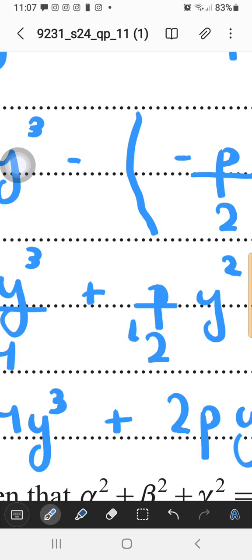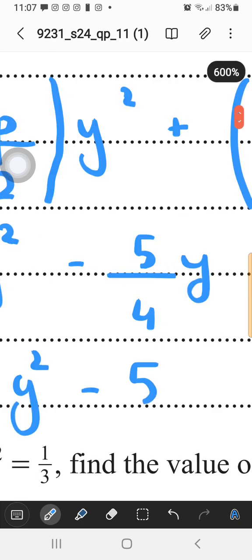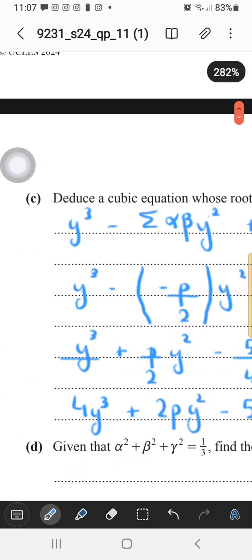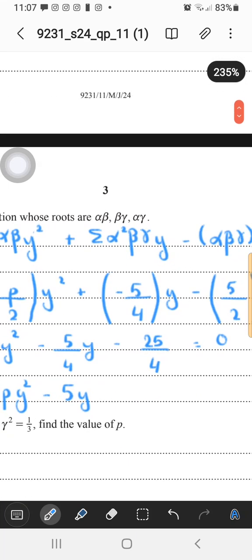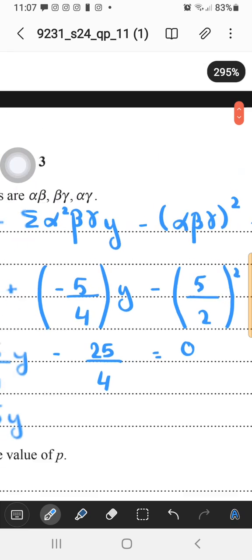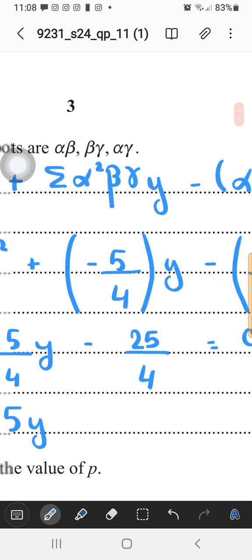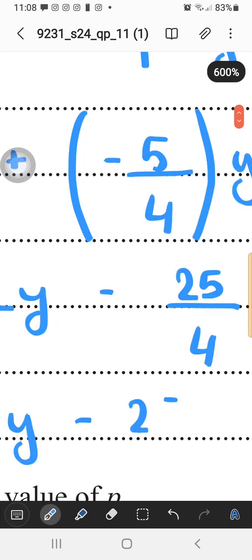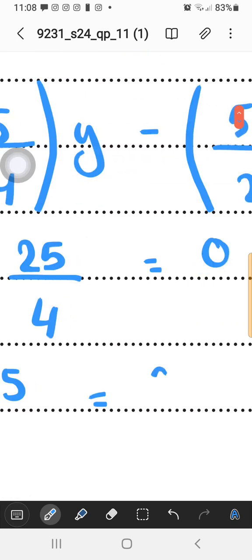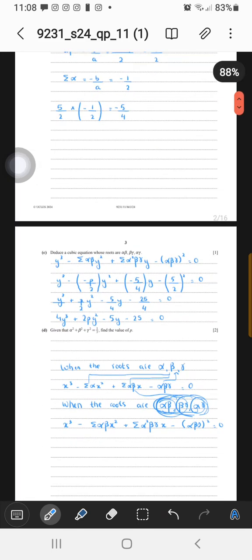And here we also want 4, so we will multiply it by 2, so multiply it also by 2. Then negative 5y, when we have 4 in the denominator, that got cancelled, or we can say that the 4 will move to the right and multiply with the 0, so we get rid of 4. Then negative 25 equal to 0. So that's our final equation.